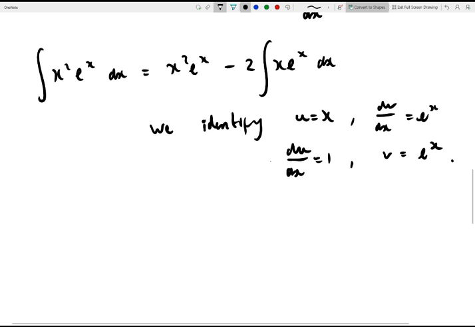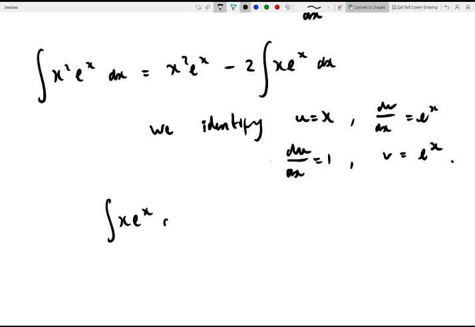Then again we substitute this into the formula. So the integral of x e to the x with respect to x is x times e to the x minus the integral of e to the x, which is e to the x, x minus 1.